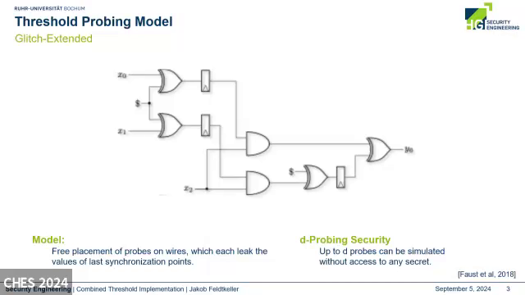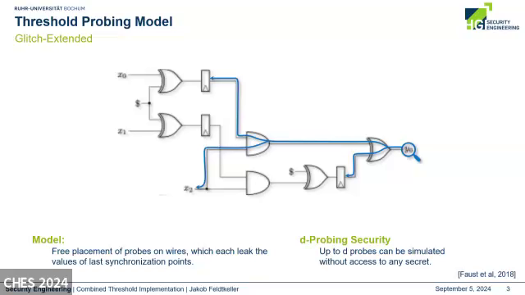Here the adversary gets access to the structure of the circuit, and can select a certain set of wires, of which the glitch-extended probes are given to the adversary. Those are all the stable signals to the probed wire, which usually are registers or primary inputs.